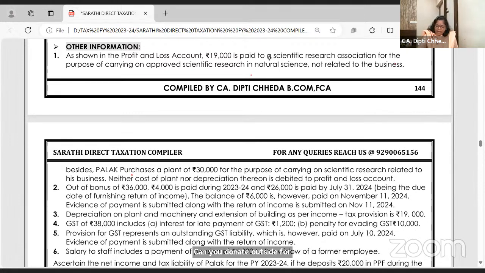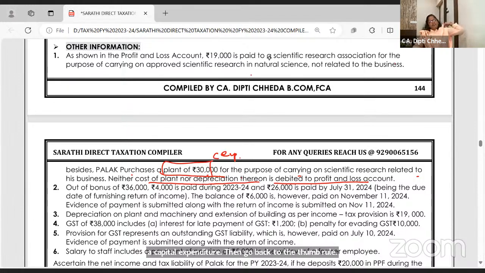Yes. Palak purchased a plant of 30,000 for scientific research. Neither the cost nor the depreciation is debited. For scientific research, if you have purchased a plant, it's a capital expenditure. Then go back to the thumb rule. Revenue and capital expense for scientific research fully allowed.